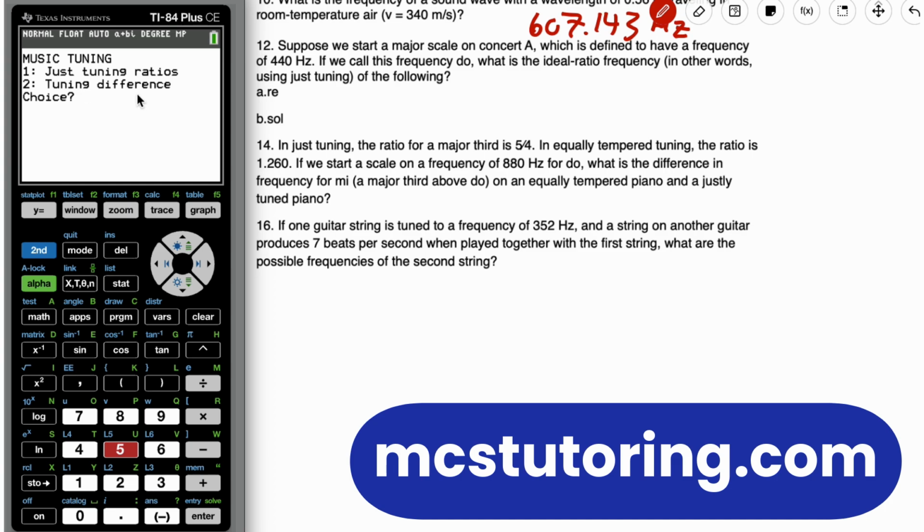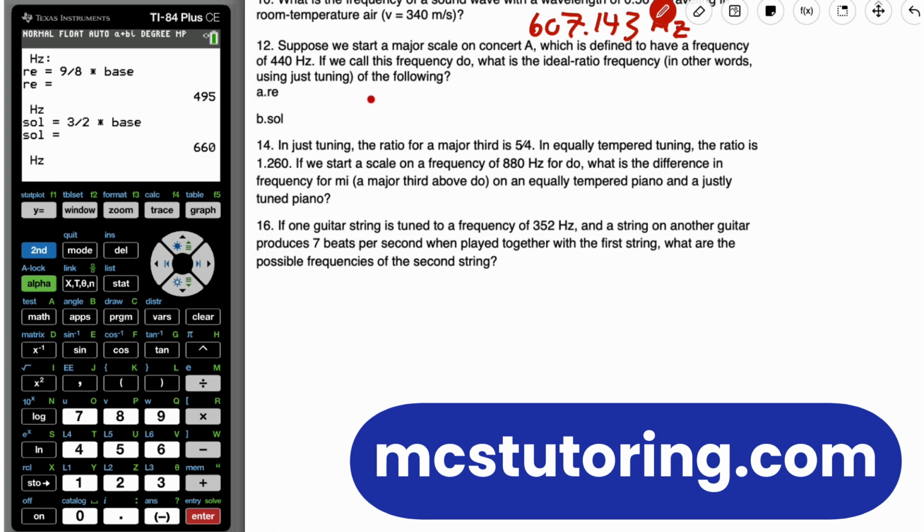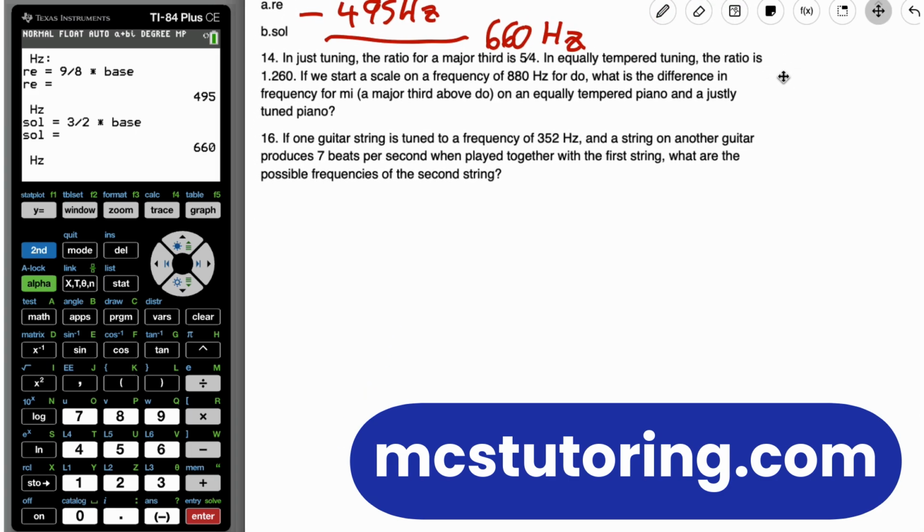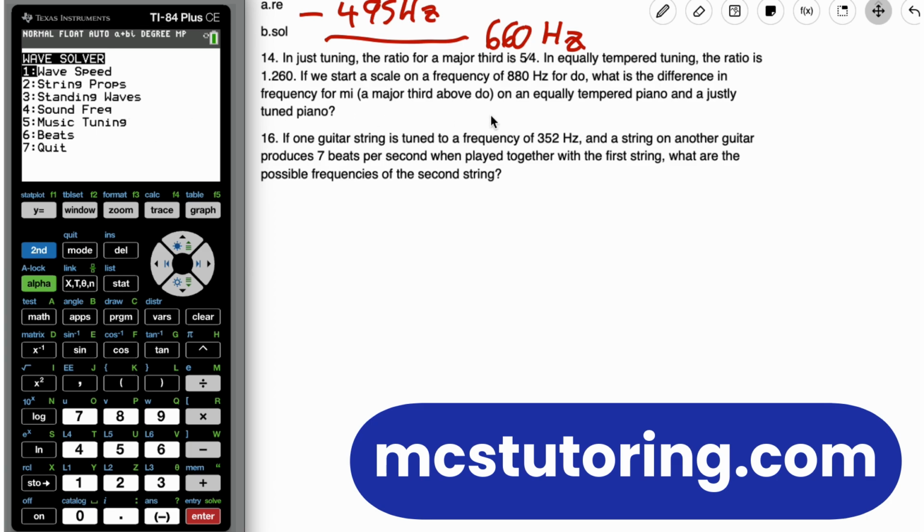We're tuning ratios, I think. Base frequency 440. The re is 495 hertz, and the sol is 660 hertz. Okay, good. I was guessing at that. I just made this program, so I forget what's what. It's not like I'm using it all the time.